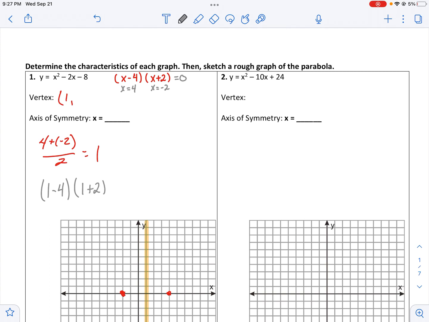So 1 minus 4 times 1 plus 2. Well, 1 minus 4 is negative 3. 1 plus 2 is 3. And if I simplify that, I get a negative 9. So I have 1 comma negative 9.